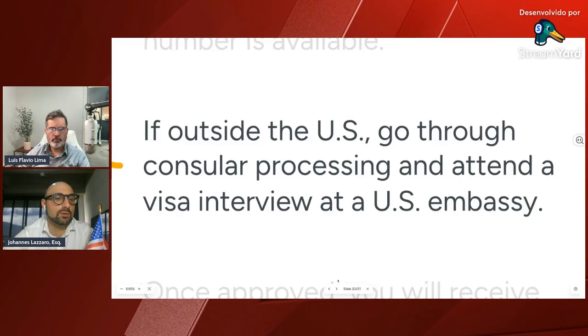Overseas, you're going to do those steps first with a US diplomatic mission overseas. If the case is approved, they will issue an immigrant visa allowing you to enter the US. And once you enter the US on that visa, you're going to receive your green card in the mail within 2 to 3 months.